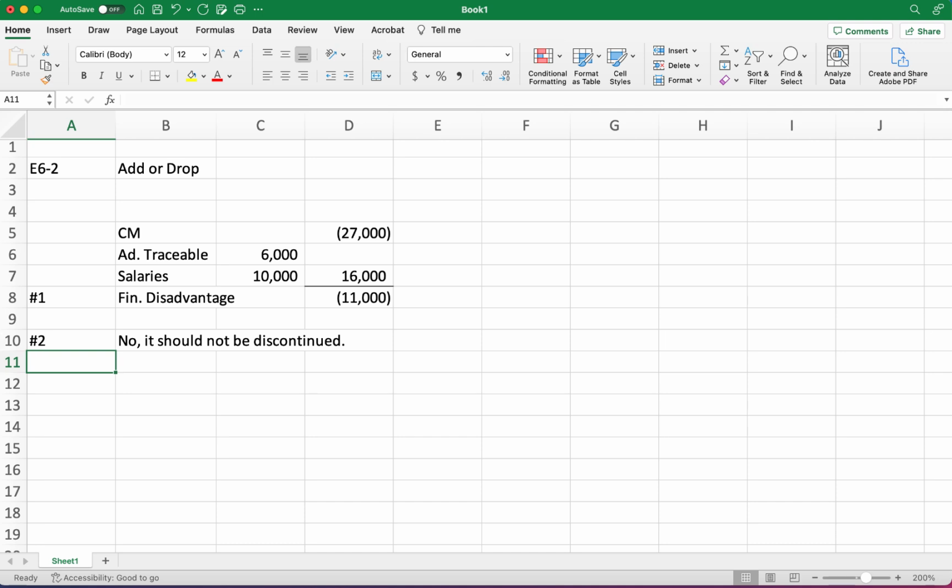Okay. Now, for sake of argument, number three wants us to prepare the contribution formatted income statement, but more specifically, they want us to prepare the properly formatted version. Okay, so we're going to work on our segmented income statement. We've already seen this. This should be a review.